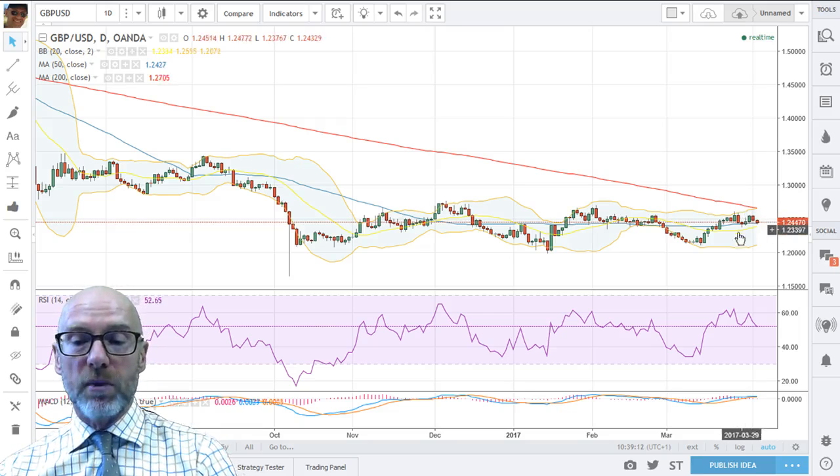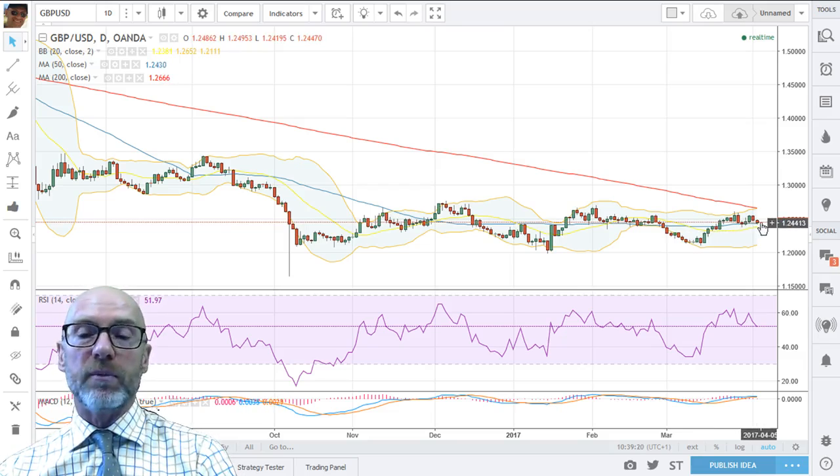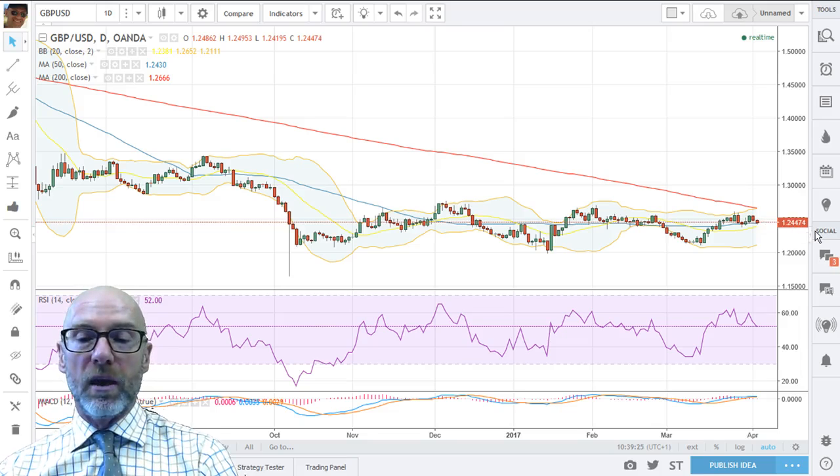Right on the currency is this blue line moving sideways. That's the 50-day moving average, giving support at the moment. Spot on this chart is 124.47 and that's at 124.30. So the 50 day is giving the immediate support.